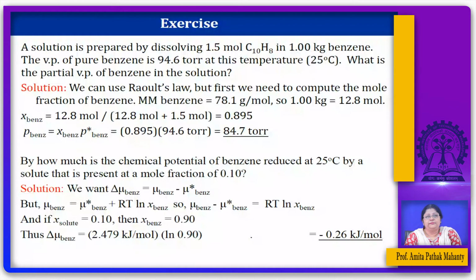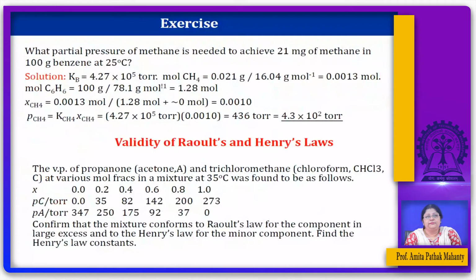So here, this is also a very easy question. What will be the partial pressure of methane when methane is added to achieve 21 milligrams of methane in 100 gram benzene? So you have solvent and solute both present here. What you need to know is the Henry constant.